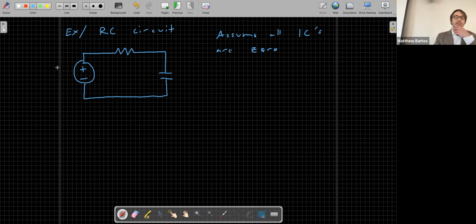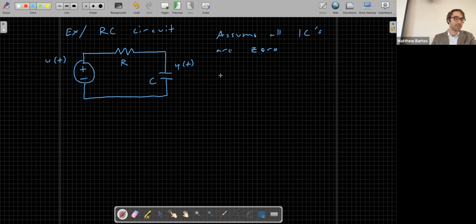We're going to call the voltage input from this voltage source u(t). The voltage across the capacitor we're going to call y(t). Putting it in terms of the standard names for our input and output, the resistance is R and the capacitance is C.